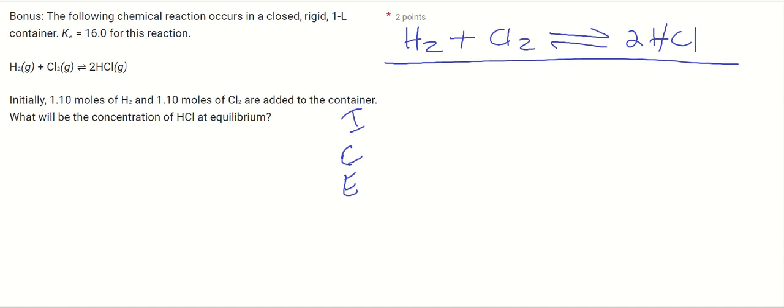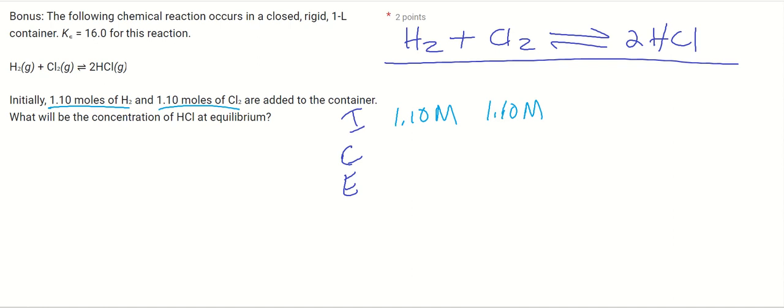This is all in a 1 liter container, so that's convenient. That means everything in moles is just molar concentration again. So that's H2. Initially we have 1.10 moles per liter concentration of H2, and we're also given the same thing here, 1.10.